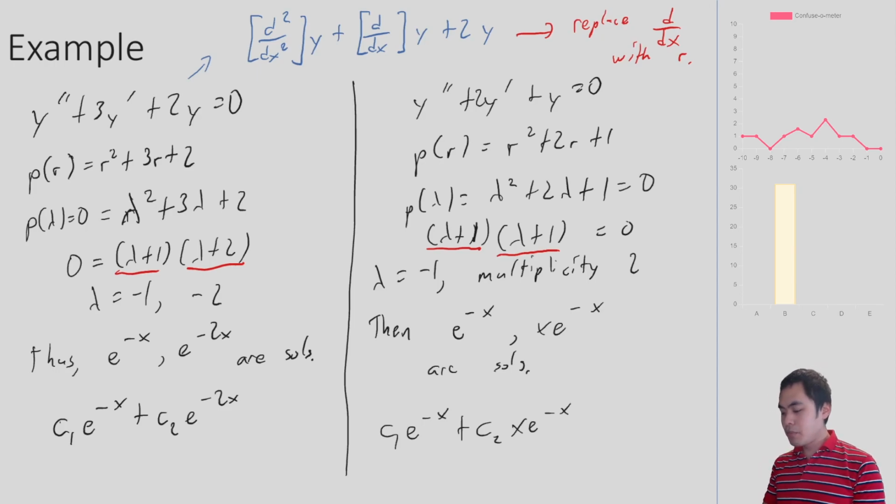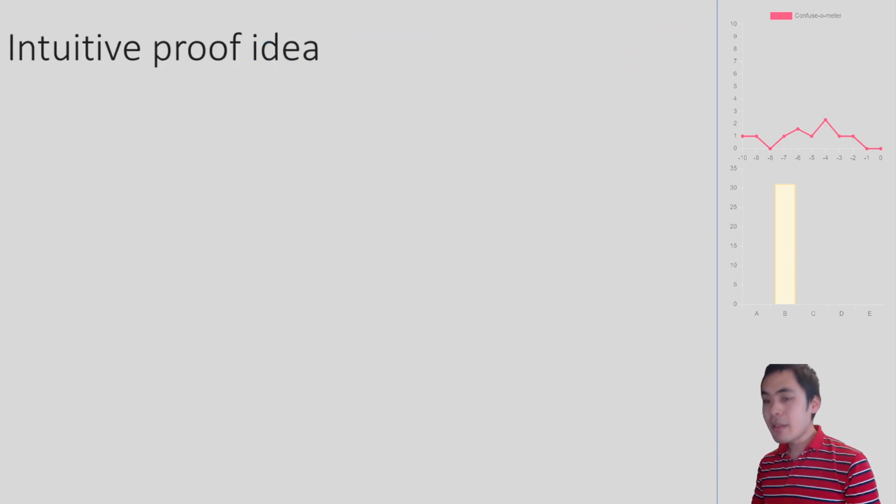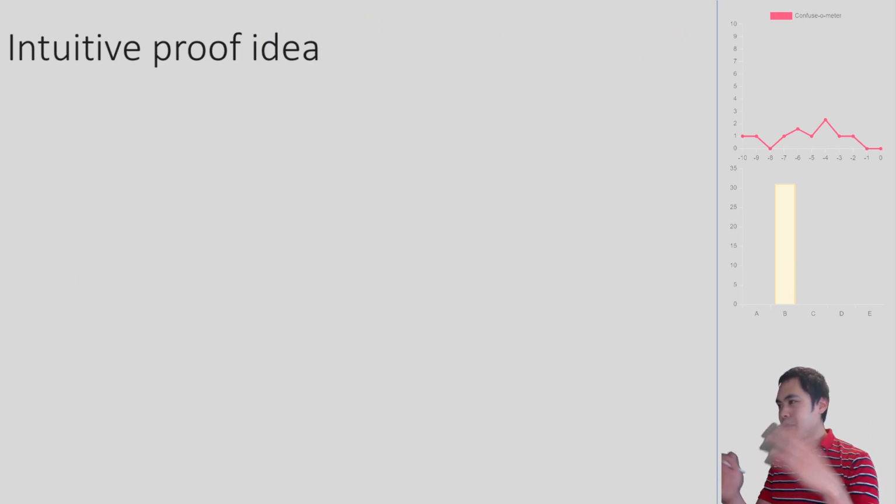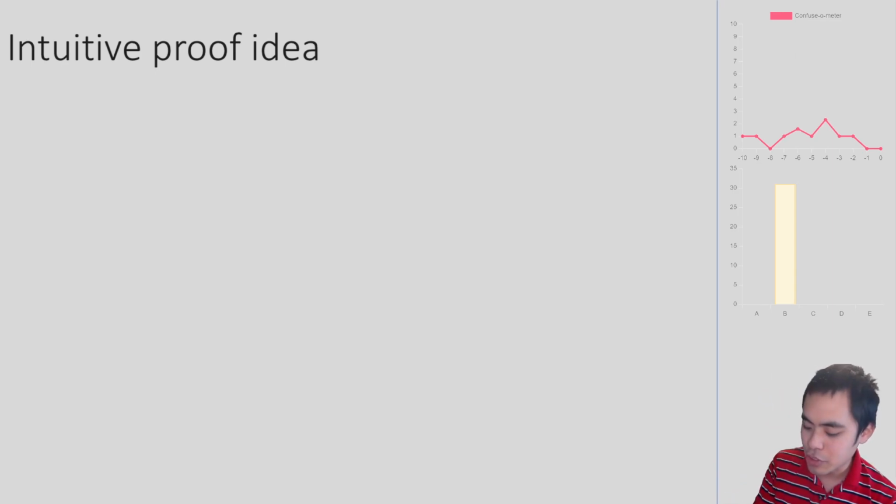Okay, let me spend a little bit more time and try to give you an intuitive idea about why this is true. This might help Sam a little bit as well. I'm not going to formally prove this because that would involve properly explaining what differential operators are, but we can get the intuition. So y double prime plus 3y prime plus 2y is equal to 0.